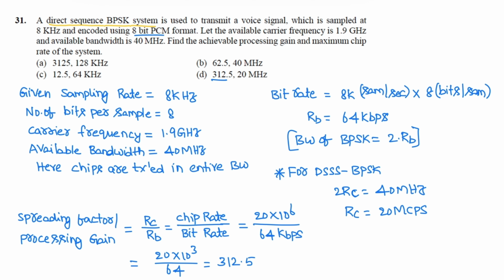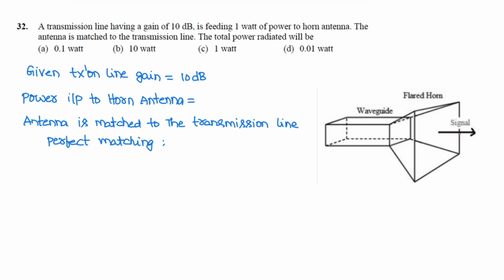Next question. A transmission line having a gain of 10 dB is feeding 1 watt of power to the horn antenna. The antenna is matched to the transmission line. What is the total power radiated? So given transmission line gain is 10 dB, power input to horn antenna is 1 watt, and in the question it has been mentioned the antenna is perfectly matched to the transmission line, implies no mismatch losses.